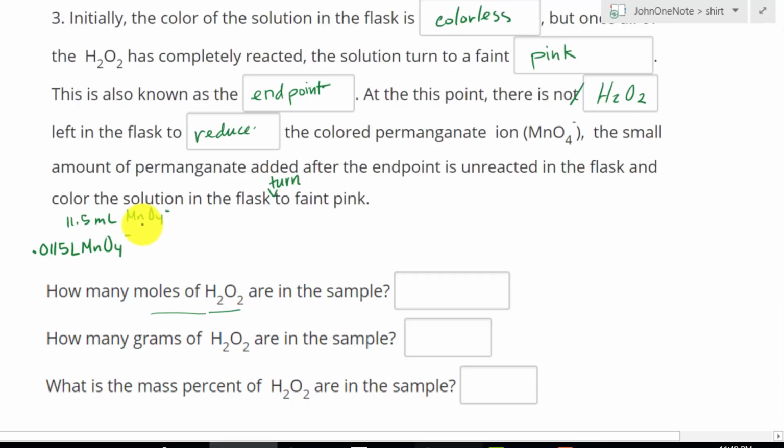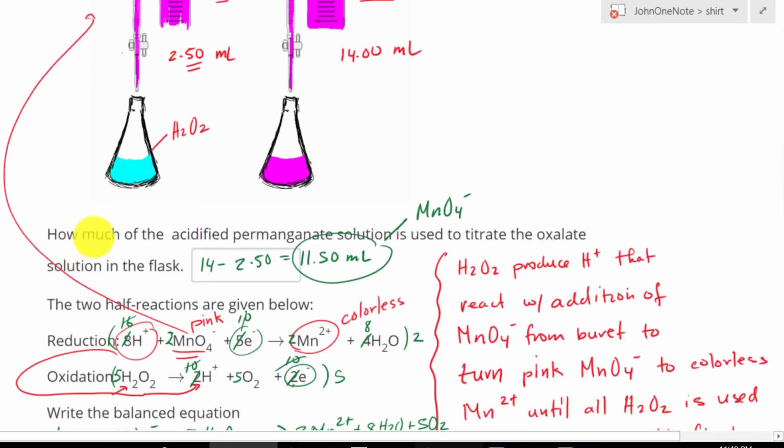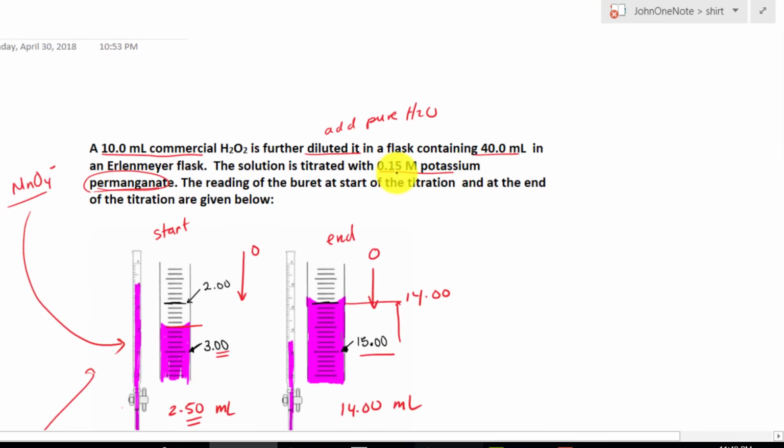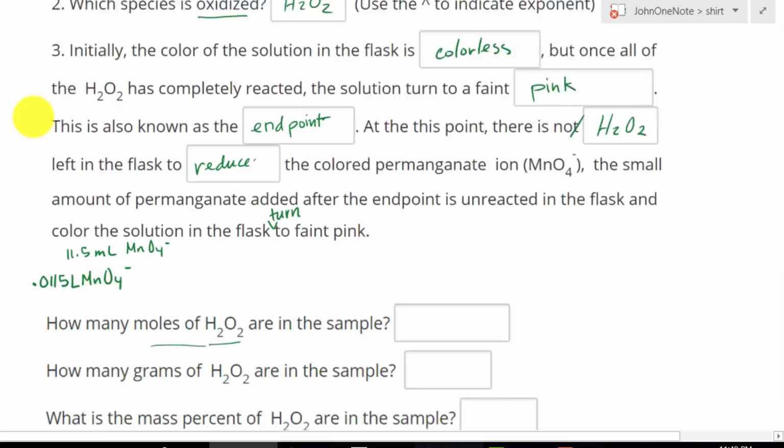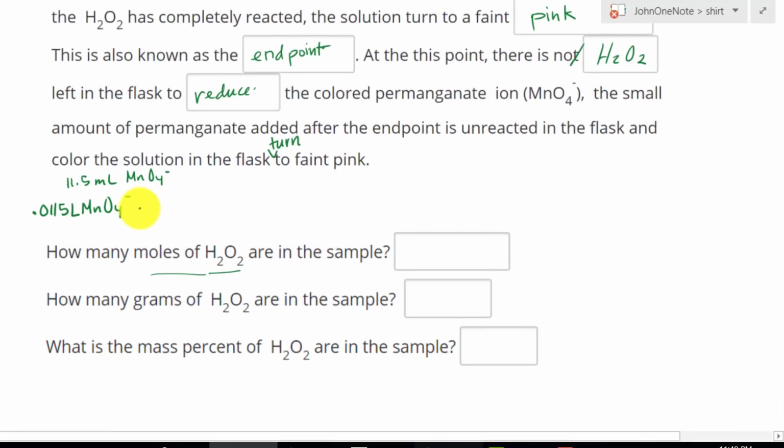Now, we know the molarity of that permanganate solution as well, which is 0.15. If we know molarity and volume of solution, we just multiply together. We have 1 liter of solution on the bottom and 0.15 moles of MnO4- on top. So that cancels out and will give us moles of MnO4-.